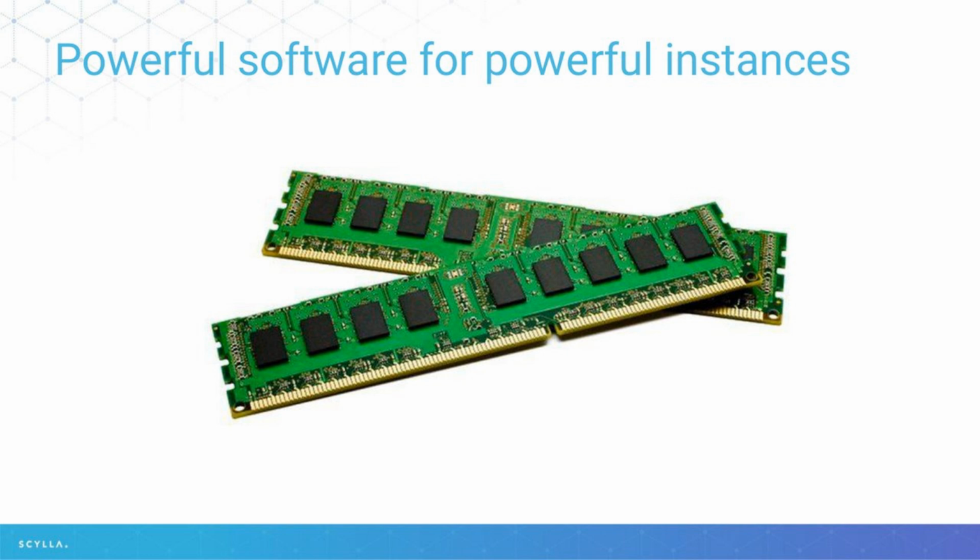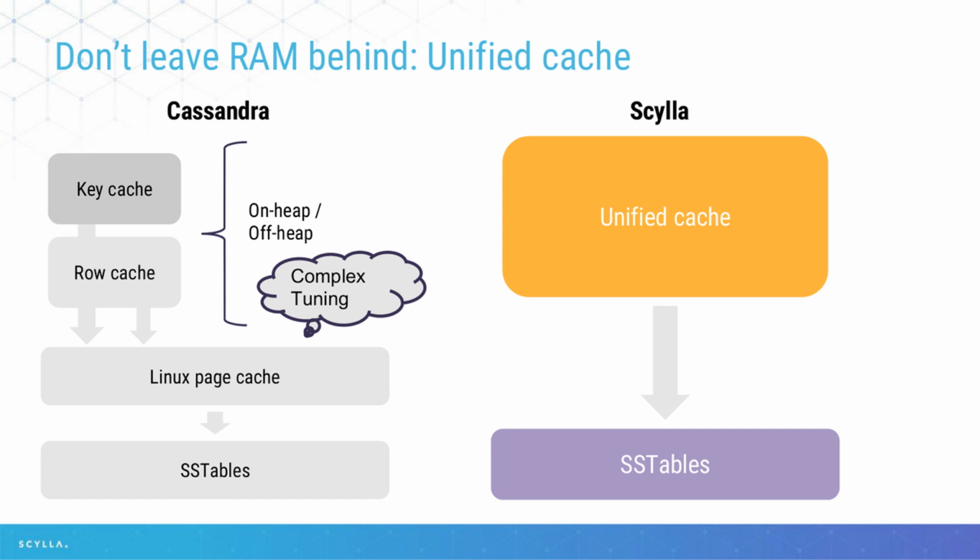If we look at memory performance on those instances, 488 gigabytes of RAM gives you a very good way to cache information. One of Scylla's biggest benefits is a unified cache. If you look at Cassandra today, you have two different caches: one is the key cache, and the other is the row cache.